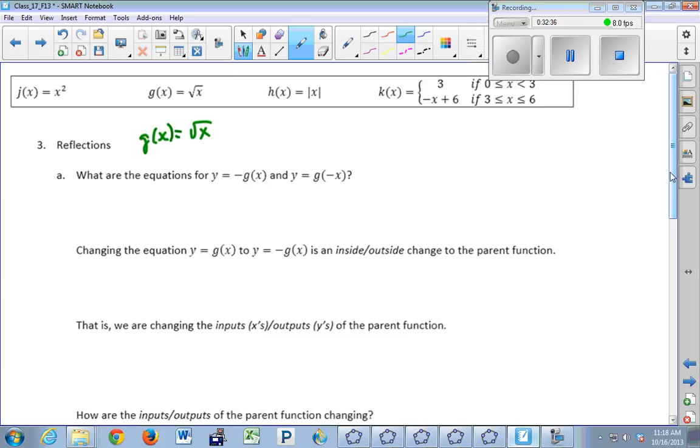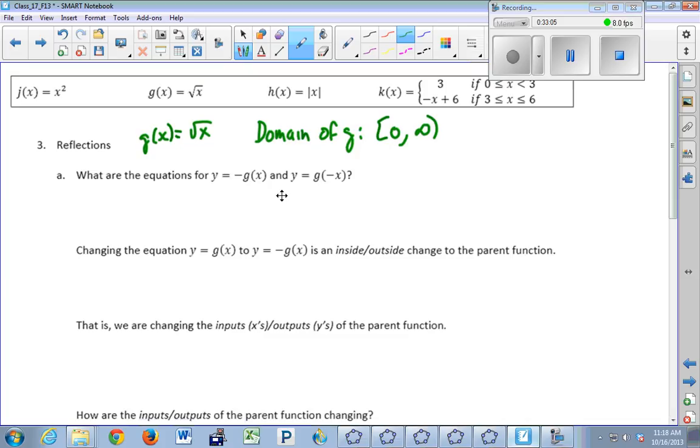If I asked you to represent the domain of g with interval notation, what would it be? Bracket 0, comma, infinity, right. It's all non-negative numbers, 0 to infinity. Okay, that's the domain of g.